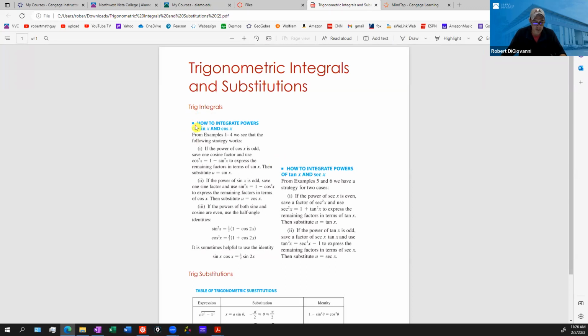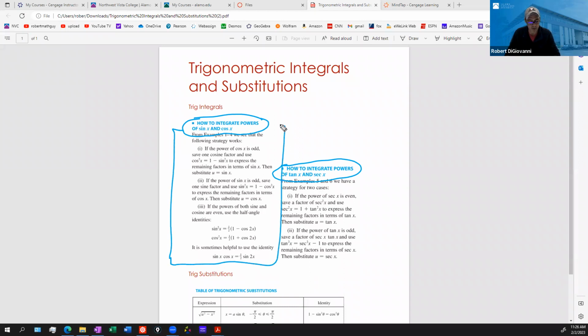So this first part shows how you integrate things that have powers of sine and cosine. And there's another section on how we integrate things that have powers of tangent and secant. We are going to start our discussion right now using this, and then we'll move on to the other one. So what I'm getting at here is that you don't have to memorize these strategies because you can use your formula sheet.